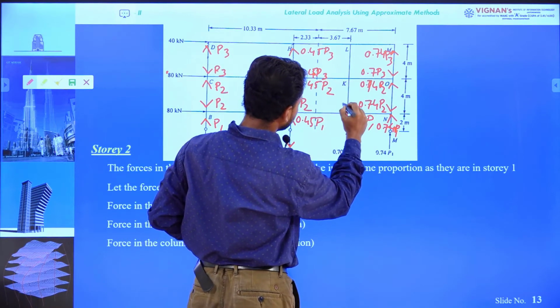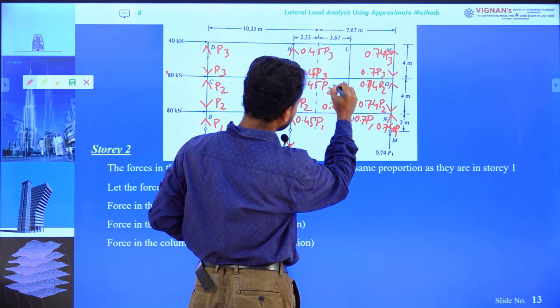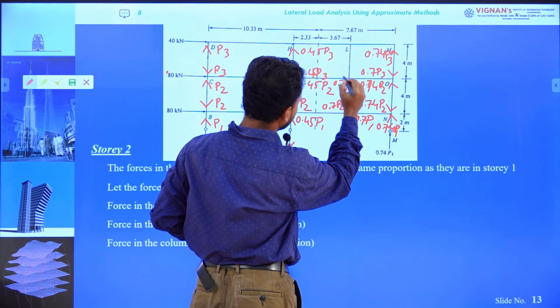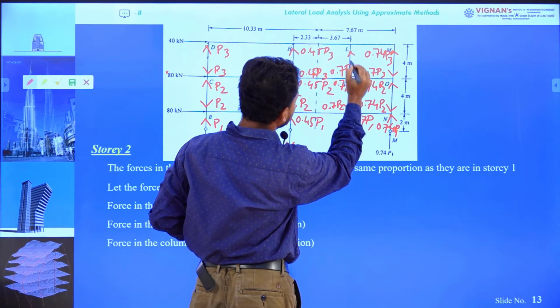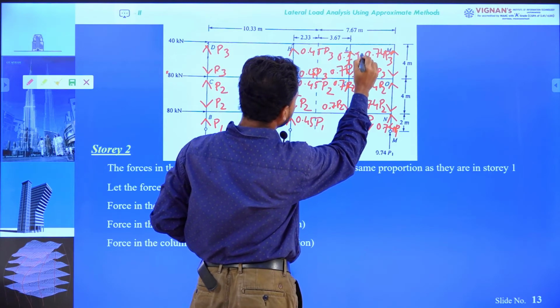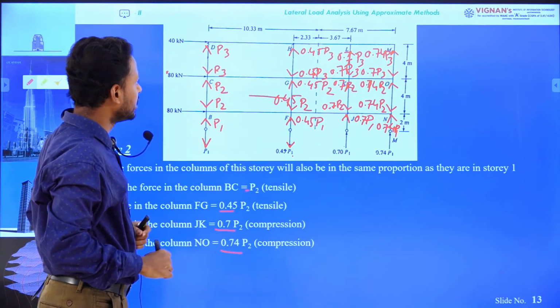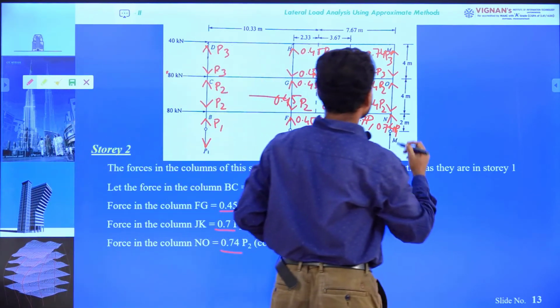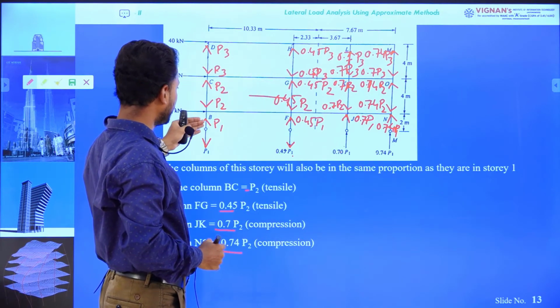Here also another force will be acting, 0.7 P2, 0.7 P2, here also 0.7 P3, 0.7 P3. So in this way we can write the forces diagram and the value of forces.